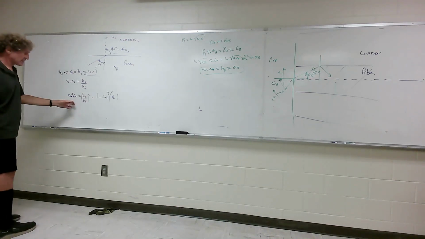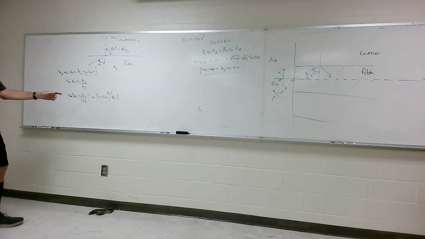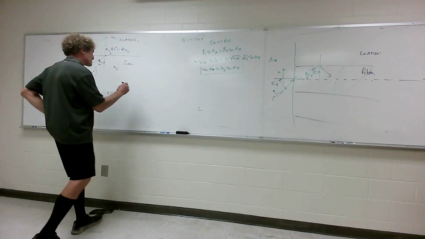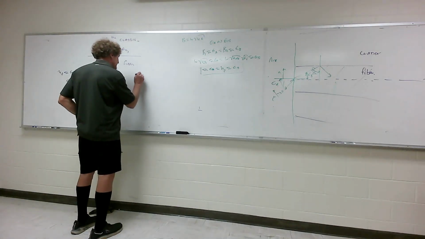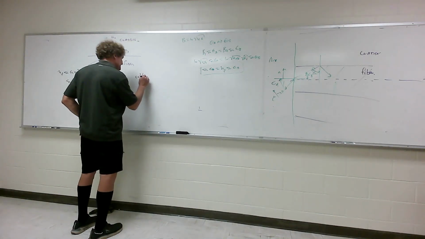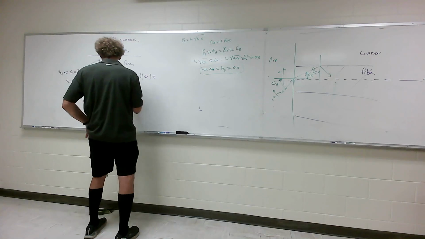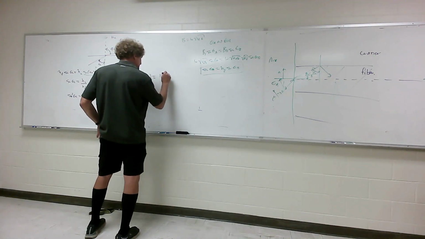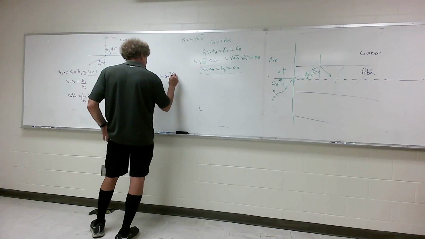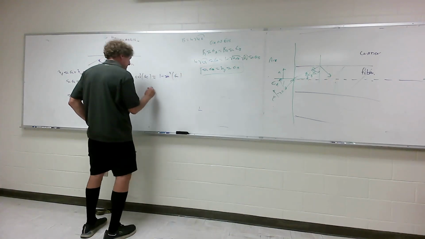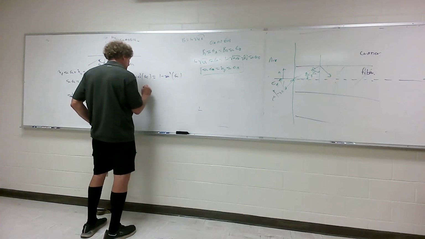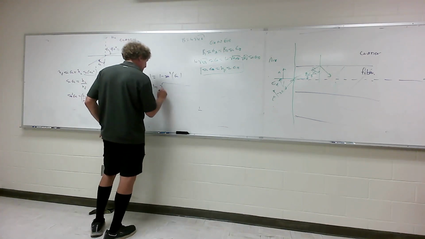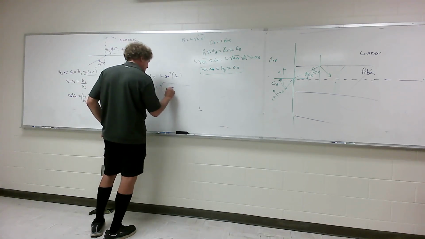So if I come over here, now I'm just gonna rearrange it. And I'm gonna say cosine squared of theta c is equal to, just take that to the other side, 1 minus the sine squared of theta c. And therefore, cosine of theta c is equal to square root of 1 minus the sine squared.